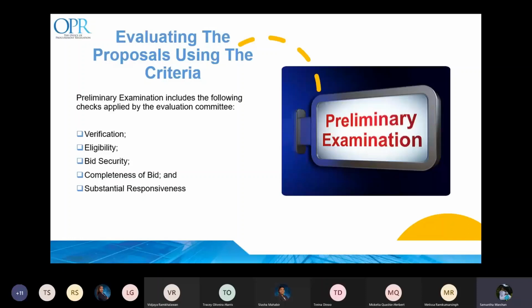The preliminary examination includes the following checks. Verification. This involves a review of submissions to ensure that the relevant forms have been appropriately signed by an authorized representative and that the required documents have been provided. Attention should be directed towards deficiencies that, if accepted, would provide an unfair advantage to a bidder.